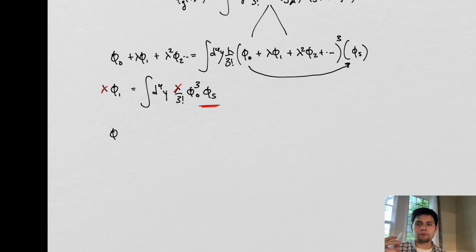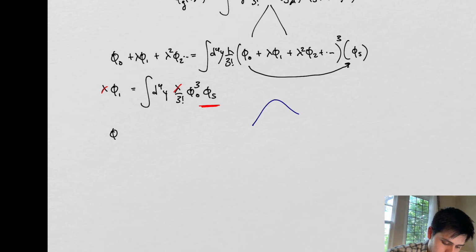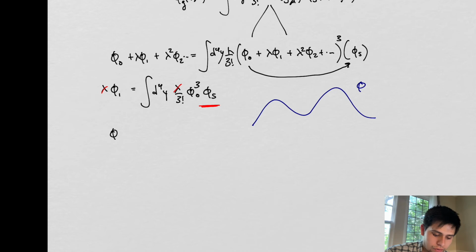So keep in mind what we're doing is we're really just decomposing our function, so here's, say, our function phi g, we're decomposing that into simpler functions.